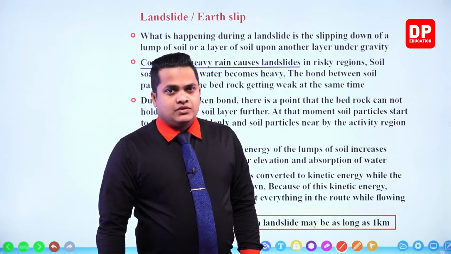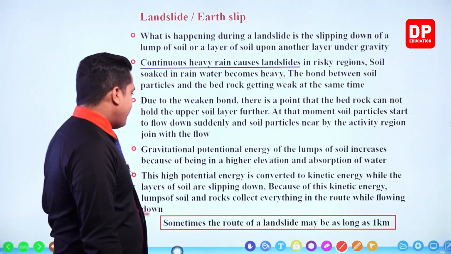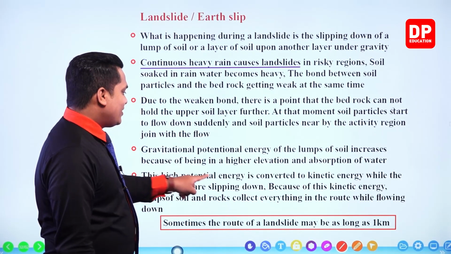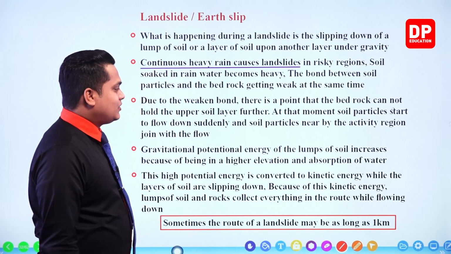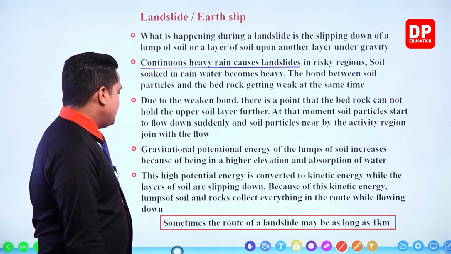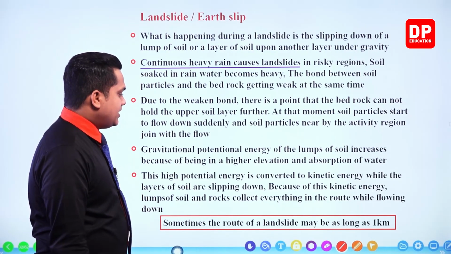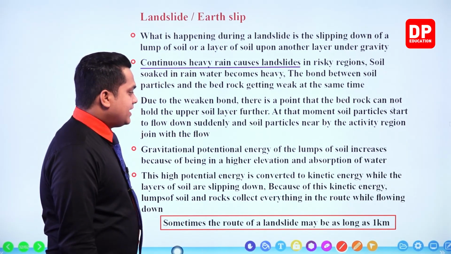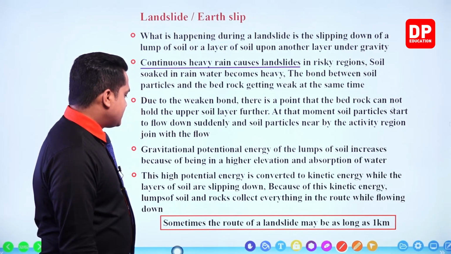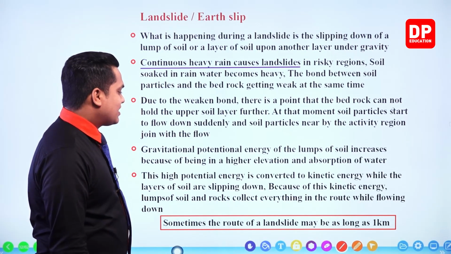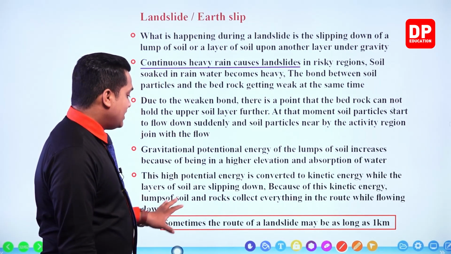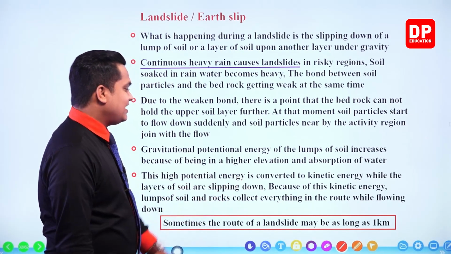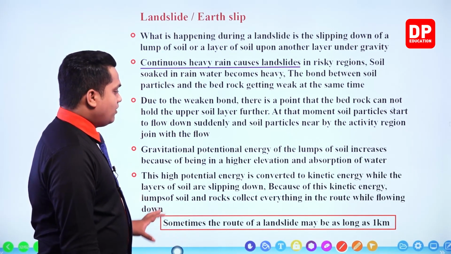Okay. Then this high potential energy is converted to kinetic energy while the layers of soil are slipping down. Because of this kinetic energy, lumps of soil and rocks collect everything in the route while flowing down.